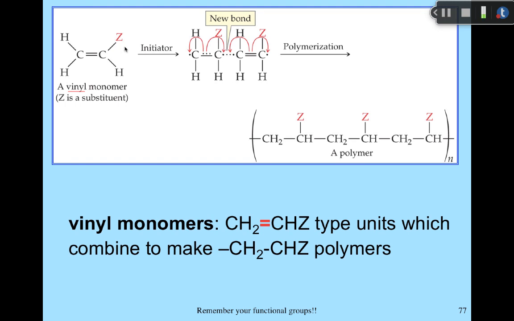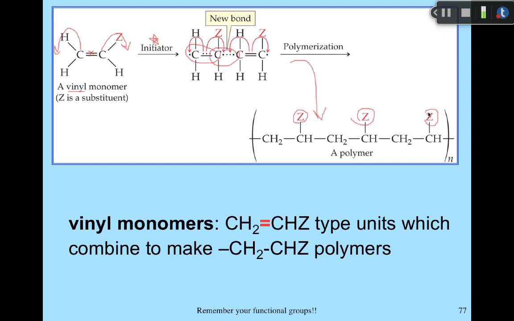You picture putting a whole bunch of these in your test tube, and some magic chemical wand, I call it the initiator, is used. It breaks the bond between the two carbons and allows the formation of a bond to a neighboring compound. The result is, instead of double bonds, you end up with a bunch of single bonds connecting the carbons that were the monomer, and periodically you have that extra group Z on them.